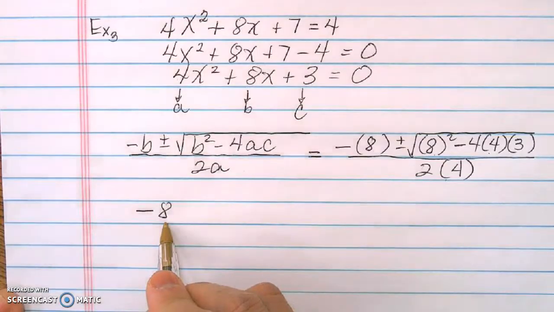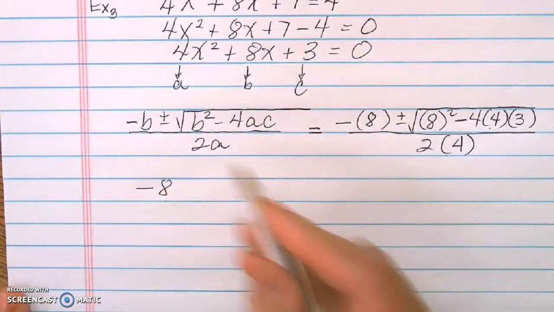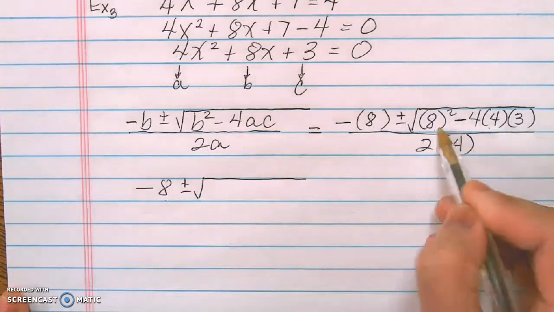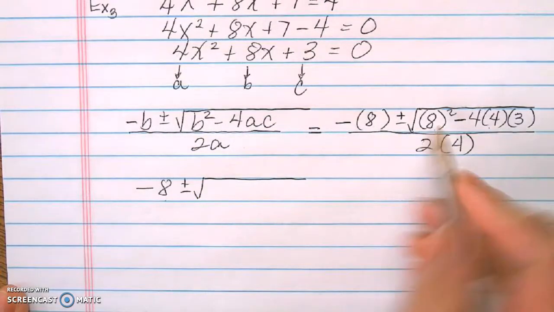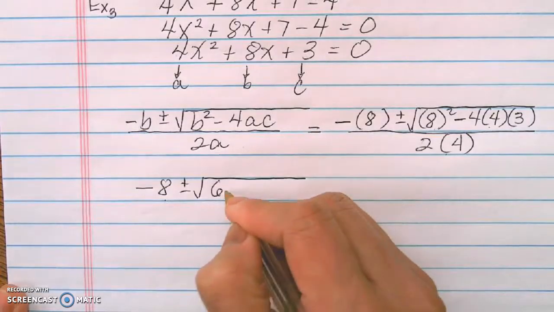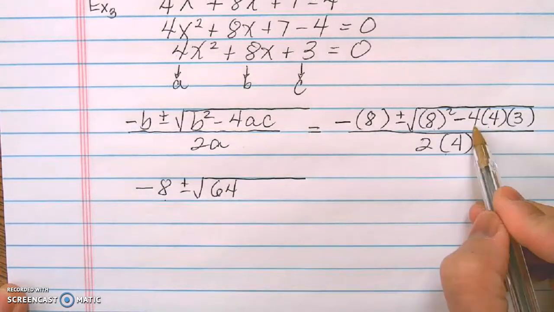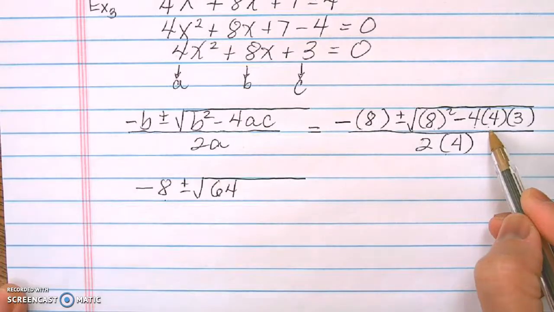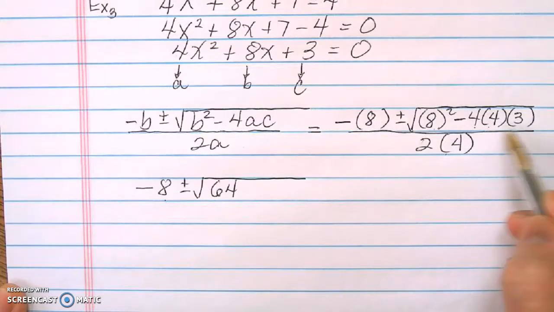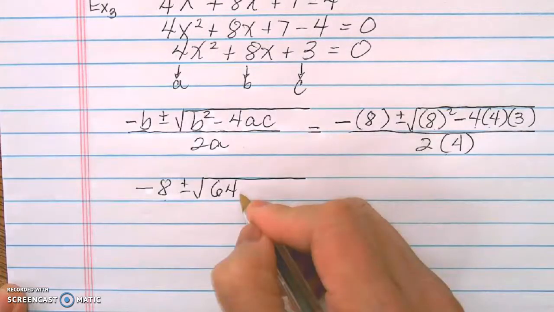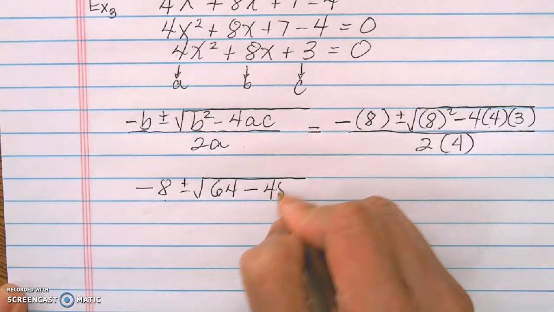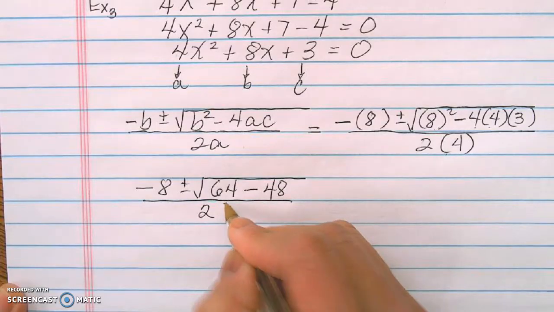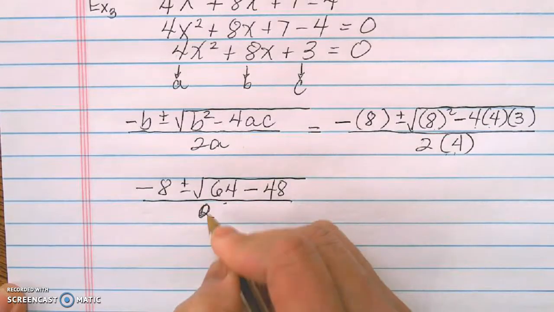Parentheses is already gone. And that's going to be plus or minus square root of 8 times 8 is 64. Negative 4 times positive 4 is negative 16 times positive 3 is negative 48, all over 2 times 4, which is 8. Let's just put 8 here.